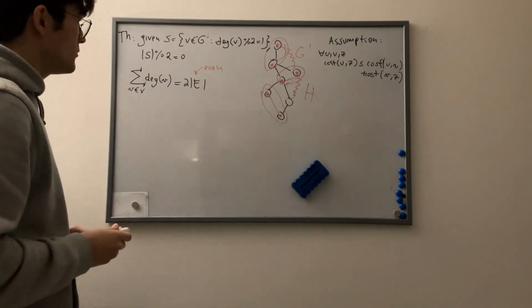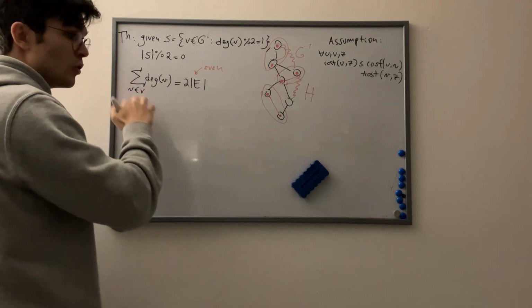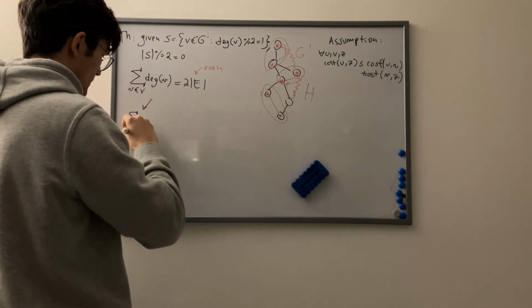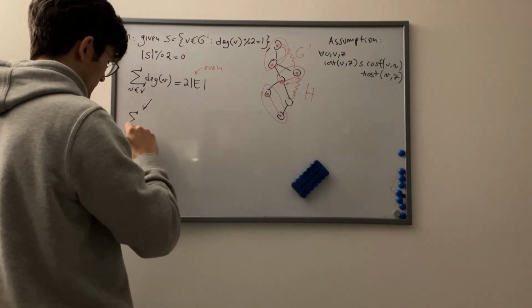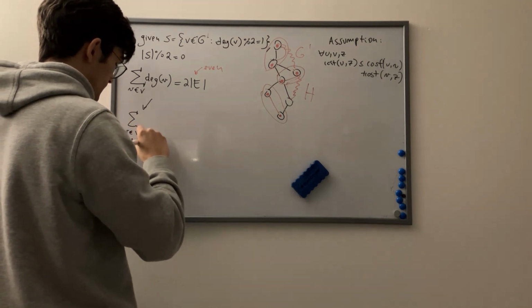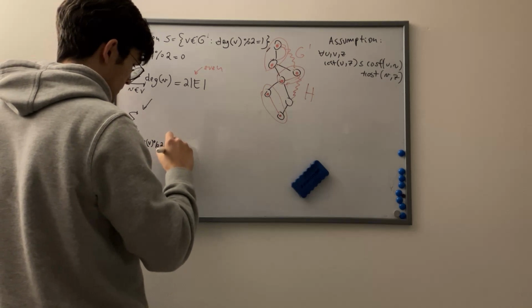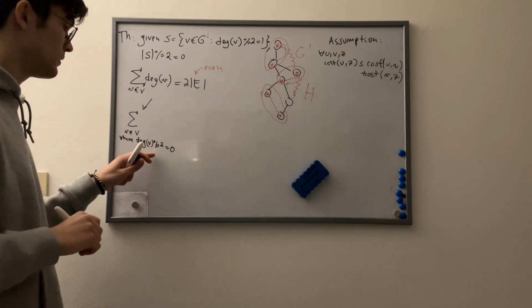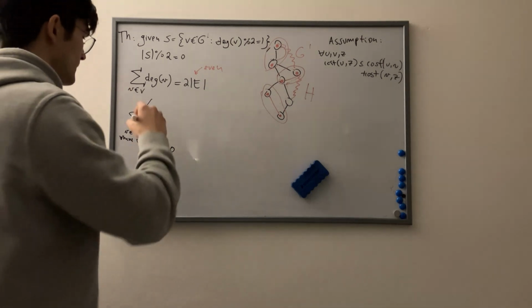And now what we can say is, instead of iterating on all of the nodes, let's iterate on the nodes belonging to the vertices where the degree of V modulo 2 is 0. So we are iterating on the nodes with an even degree.